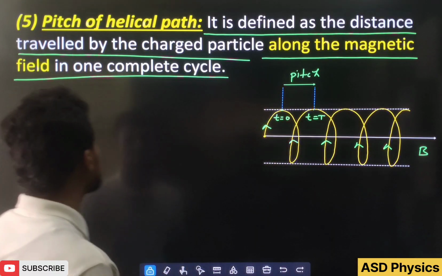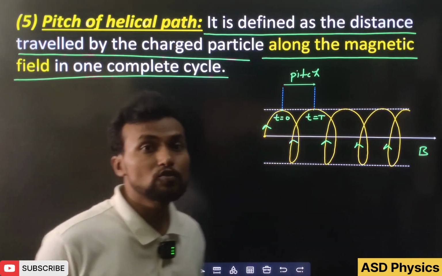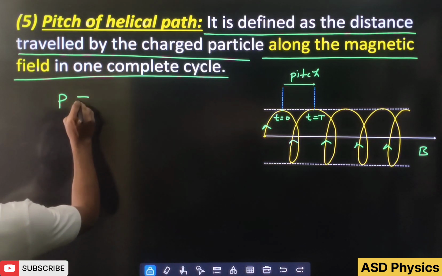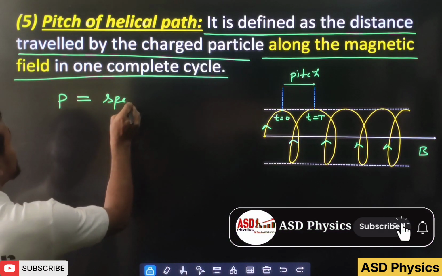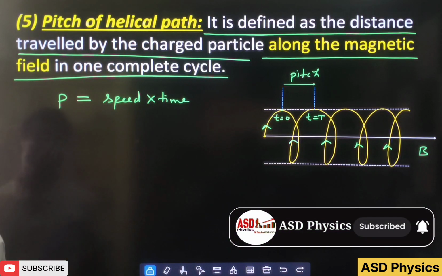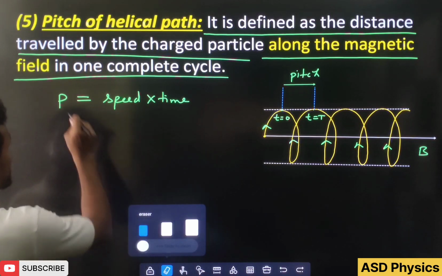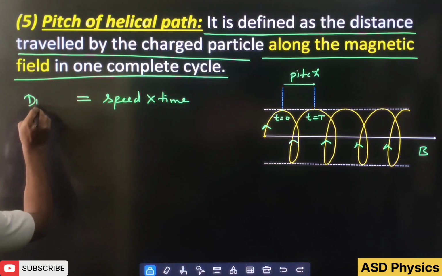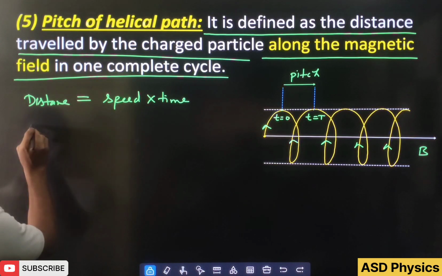So it is following a helical path. And this pitch is given by, you know very well, distance equals speed into time. So I can write this pitch P equals speed into time. The basic formula: first we write the distance, and distance is equal to speed into time.